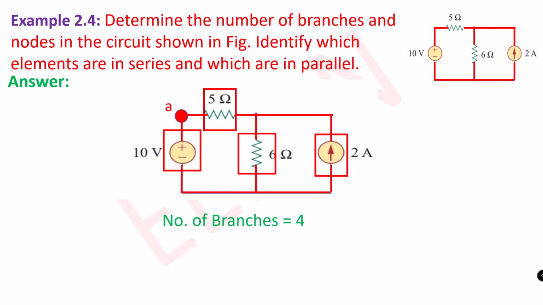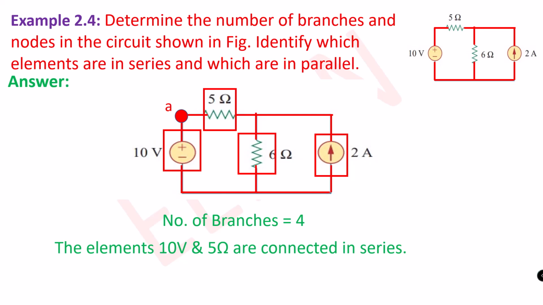The 10-volt voltage source and the 5 ohm resistance are in series because they have only a single connection point, node A. The elements 10 volt and 5 ohm resistance are connected in series.